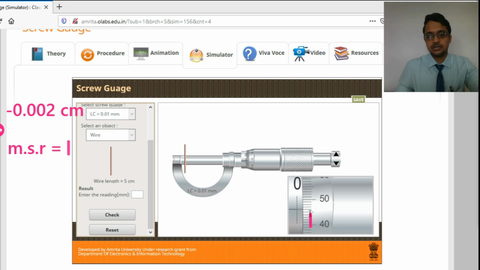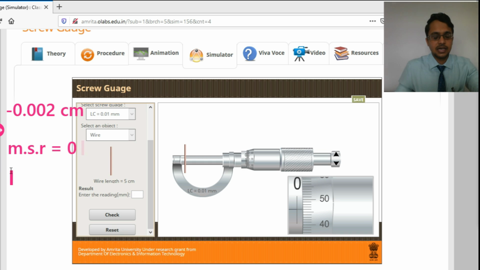Here we can see only this zero value, so main scale reading is 0. All the other values are inside the circular scale, so we write only what we can see. MSR will be in millimeter, and you will convert that value into centimeter.